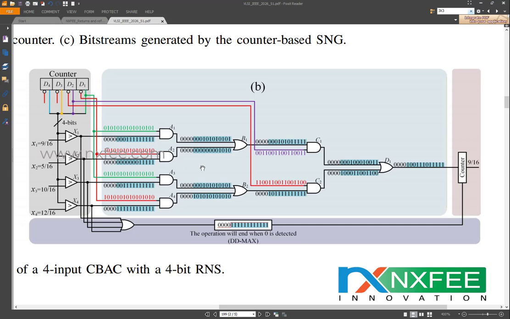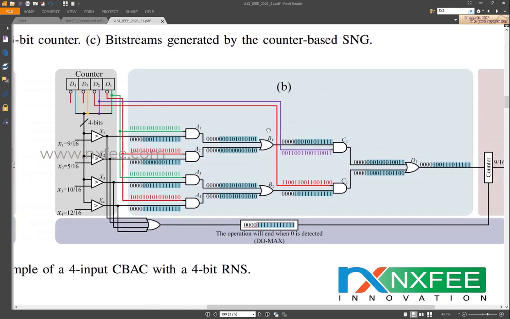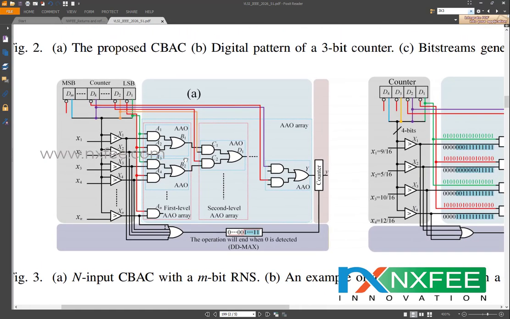For the supporting comparisons, we use D1 and D2: D1 is used for the first two AAOs and D2 is used for the second AAO. The same method is copied for n-bit size. This is a 4-input architecture, meaning 2 by 2. In a CNN, 2 by 2 means 4 pixel values, and the mean of the 4 pixel values can be taken easily.